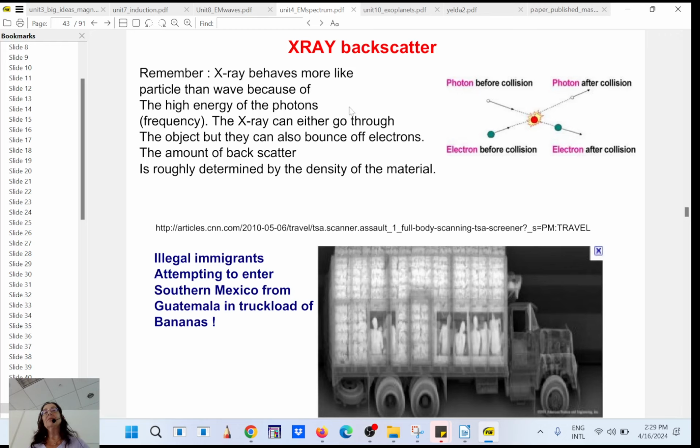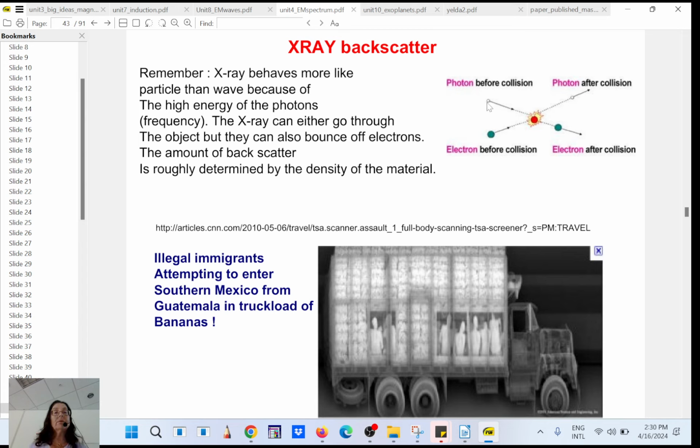Okay, you have a different way to do it, and it used to be used in some airports, and this is called backscatter X-ray. In that case, it's like ultrasound. X-rays will bounce off. That's also a different technology for imaging.